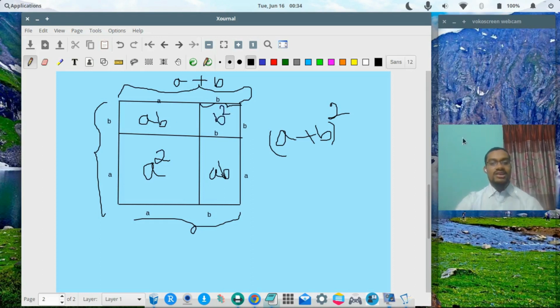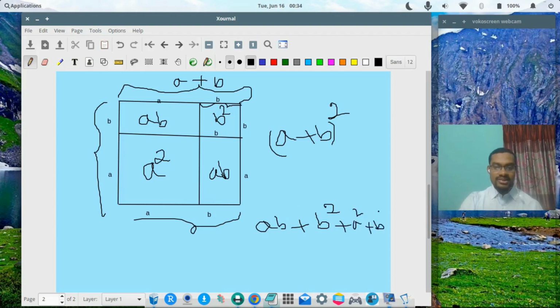Now if we add all these four areas, we will get the complete area of our original square. So writing them, we get ab + b² + a² + ab.